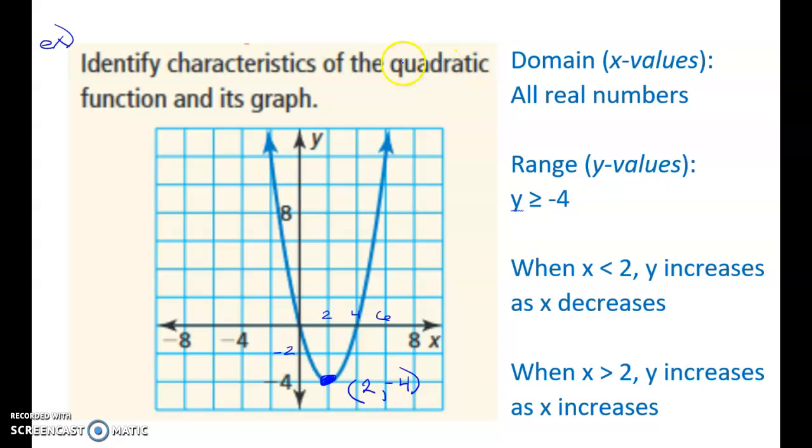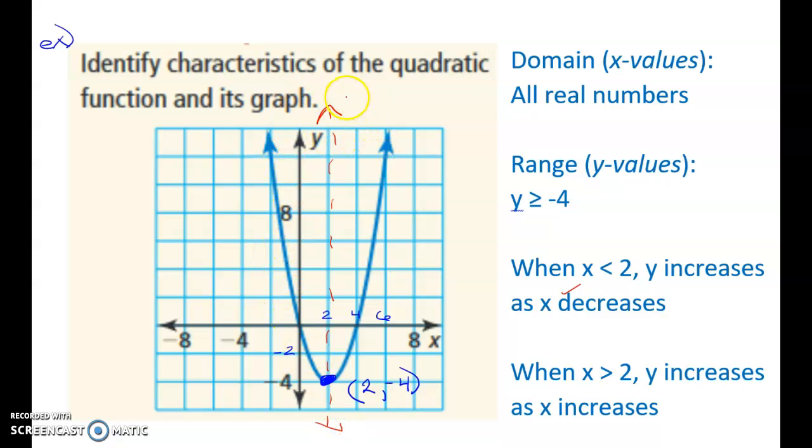Then I have to figure out what the axis of symmetry is. I'll do that in a red line, and I'm going to try to do a dashed line as soon as I find my thing again. There it is. Whoops. It's really hard to do a vertical line with my technology here.